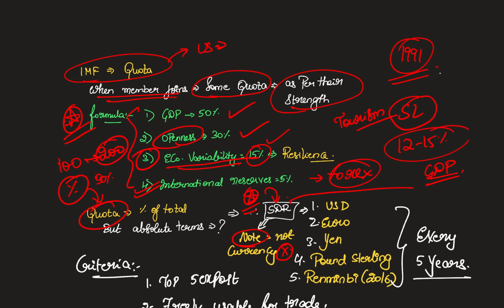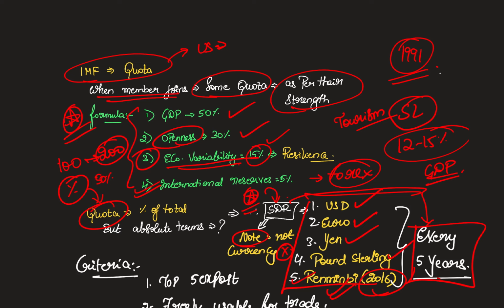However, SDR is a basket of currencies which will be reviewed every 5 years. If certain currencies are meant to be added, they will be added. In 2016, the Chinese currency renminbi was added. At present, it is a basket of 5 different currencies, namely US dollar, euro, yen, pound and renminbi.